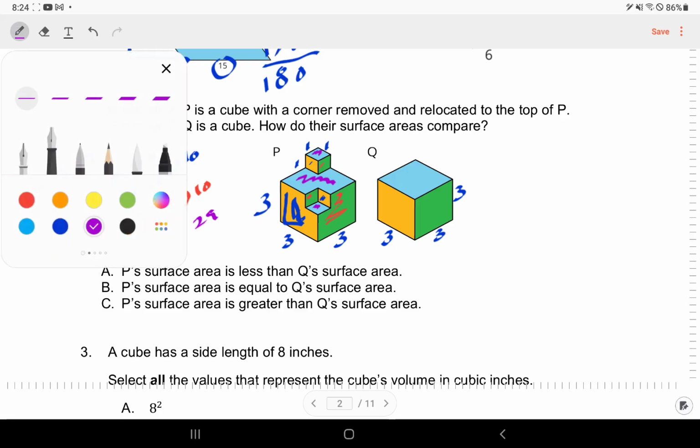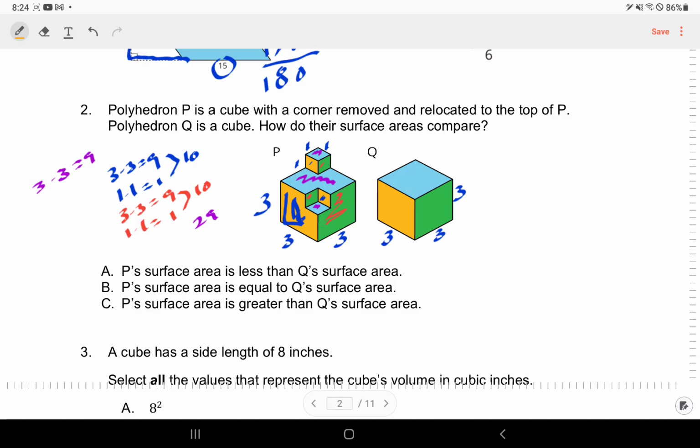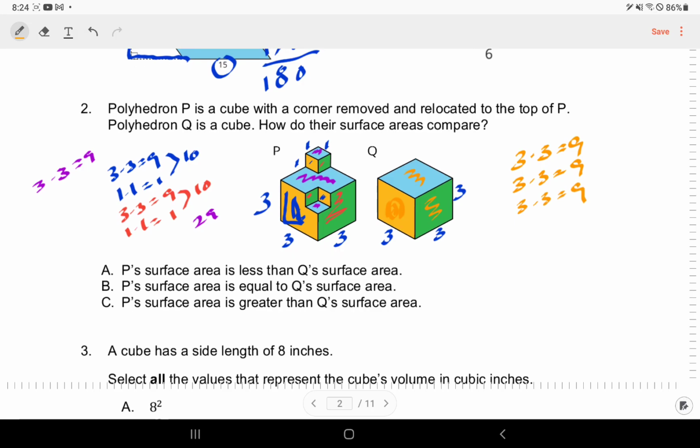Well, if I come over to this one, I did orange on orange, I'm sorry. 3 times 3 is 9. 3 times 3 is 9. And 3 times 3 is 9.